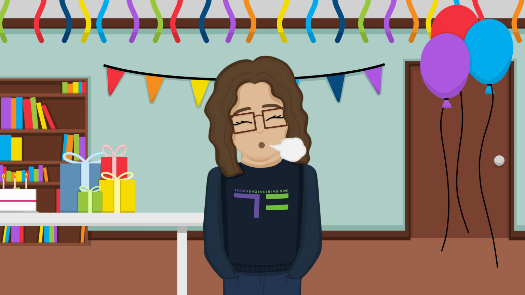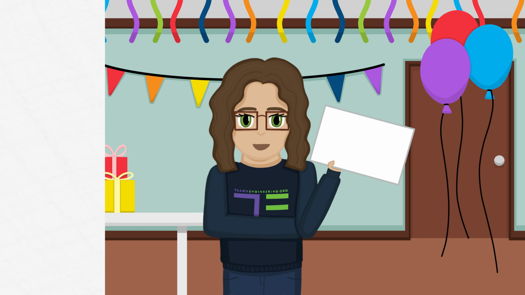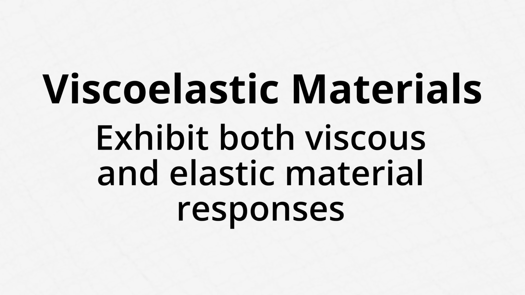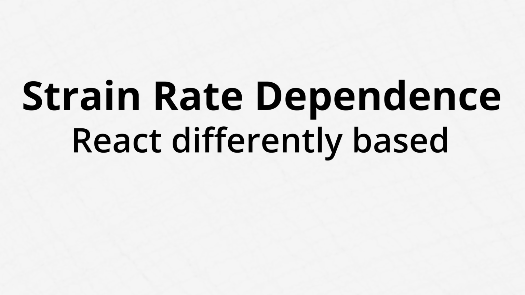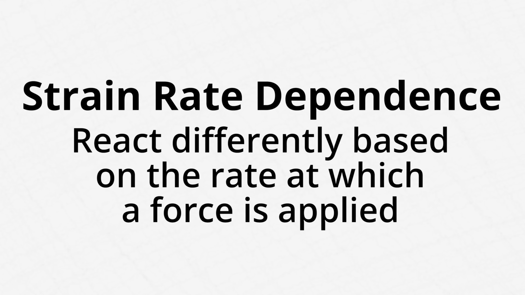We went through a lot. Let's review the main points one final time. Viscoelastic materials are materials that exhibit both viscous and elastic material responses. These materials have strain rate dependence, meaning that they react differently based on the rate at which a force is applied.